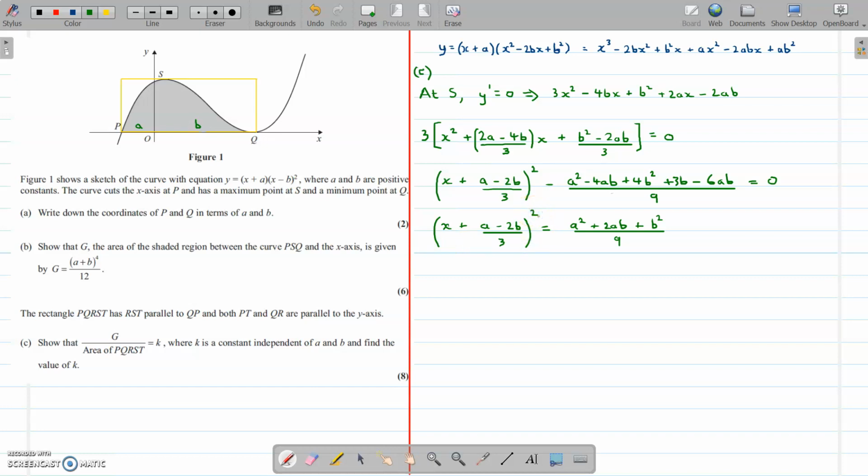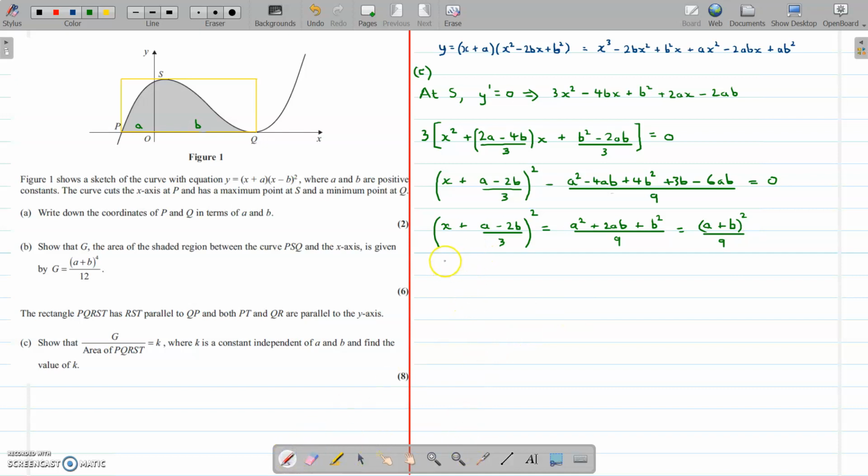Okay, so I need to square root this now, and we know that that will be equal to, let's just write it as the perfect square, a plus b squared over 9. Now if we square root that, of course, we get a plus b over 3.